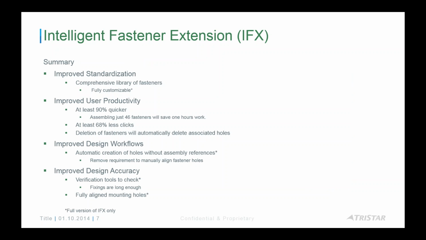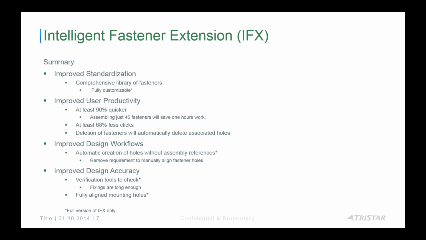So in summary, we have improved standardization with comprehensive library of fasteners, improved user productivity, at least 90% quicker, and 68% less mouse clicks. If we delete the fasteners, this will automatically delete any associated holes that were created during the assembly of the fastener.